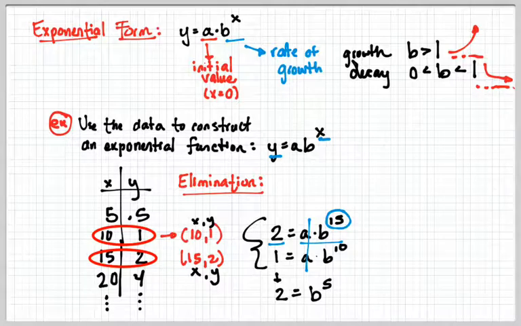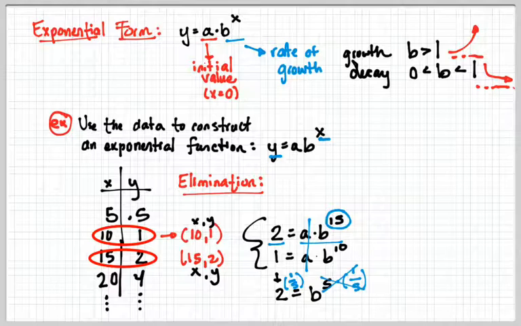Now I have to get b alone. So to get it alone, we're going to take it to the 1/5 power. So we'll take each side to the 1/5. What ends up happening is these cancel, and we get 2 to the 1/5 power, which comes out to about 1.14.